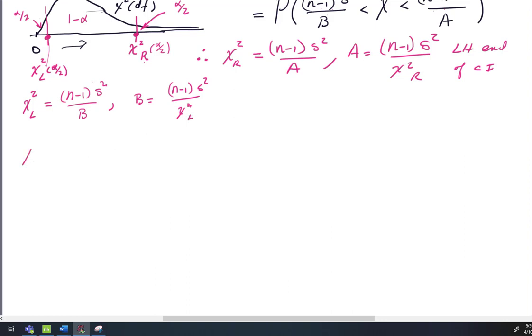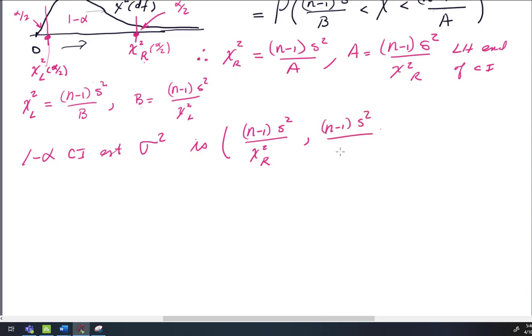So now we know our 1 minus alpha confidence interval estimate of sigma squared is, now, B is on the right, A is on the left. The interval is A to B, so this is going to be (n minus 1) s squared over chi-square r, comma, (n minus 1) s squared, numerator's the same, over chi-square l.